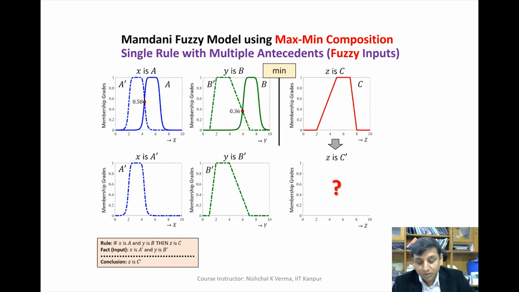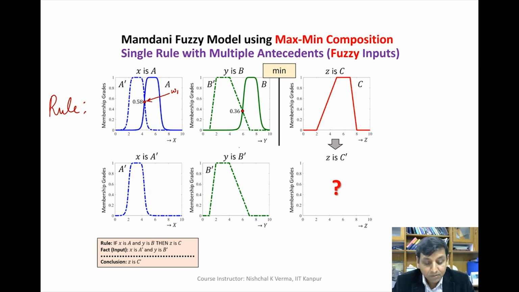When we superimpose these two, we see the point of intersection here, and we call this W1. So this is W1, the intersection point. This is the first weight.